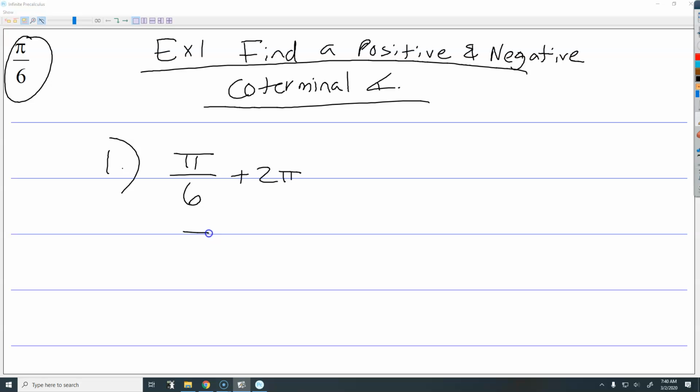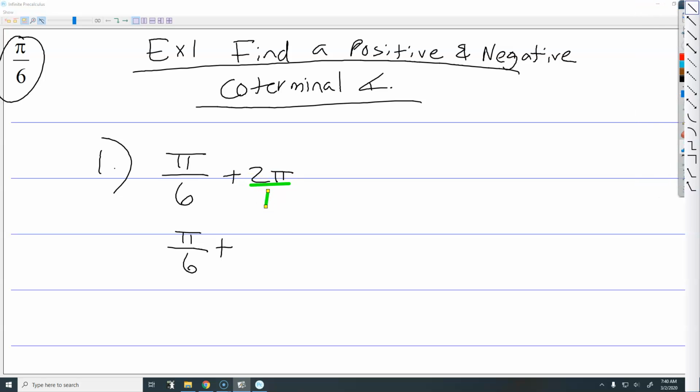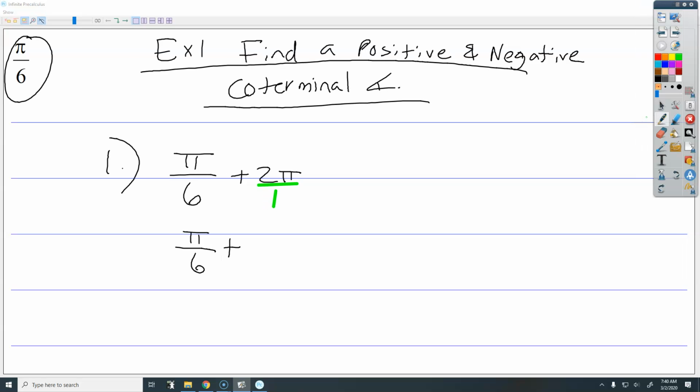So what we need then is a common denominator. So to do that, I'm going to put this thing over here under 1. And I'm going to multiply the top and the bottom by 6, so I get that common denominator.